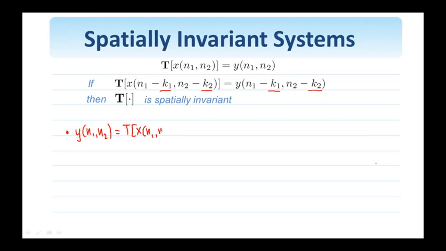Now, this property is independent of linearity. If we consider the system we looked at earlier, which for an input x[n1,n2] generates as output 255 minus x[n1,n2], this system finds the negative of an 8-bit image. We saw that this system is nonlinear.